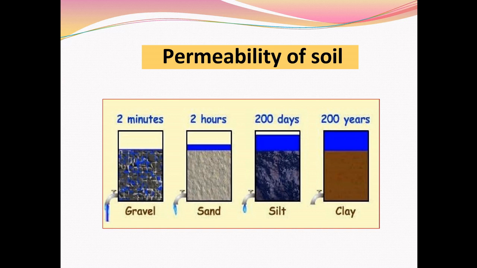As gravel is highly pervious, the water can flow through it easily. As clay is impervious, water cannot easily flow through it. Sometimes it takes 200 years to cross a distance of 1 meter. Similarly, we can say that rocks are impermeable.